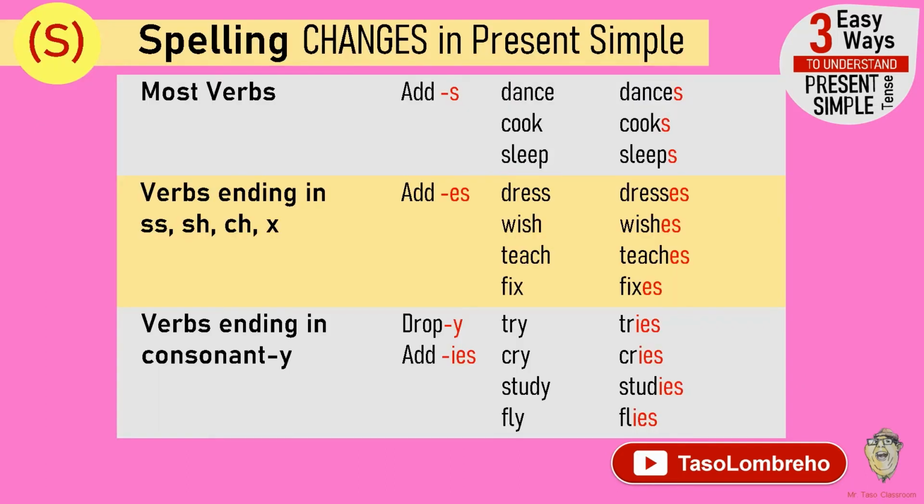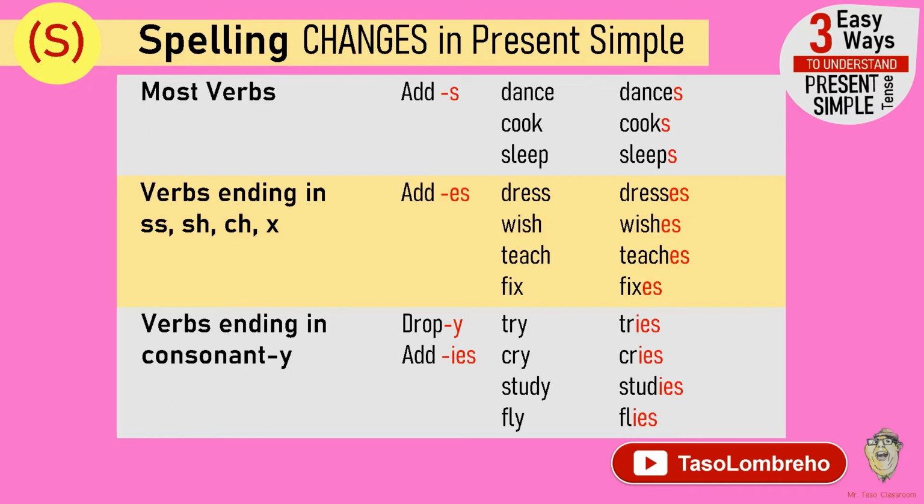Spelling changes in present simple. Most verbs are added s, like dance becomes dances, cook becomes cooks, sleep becomes sleeps. Verbs ending in double s, sh, ch, and x add es. Dress becomes dresses, wish becomes wishes, teach becomes teaches, and fix becomes fixes.